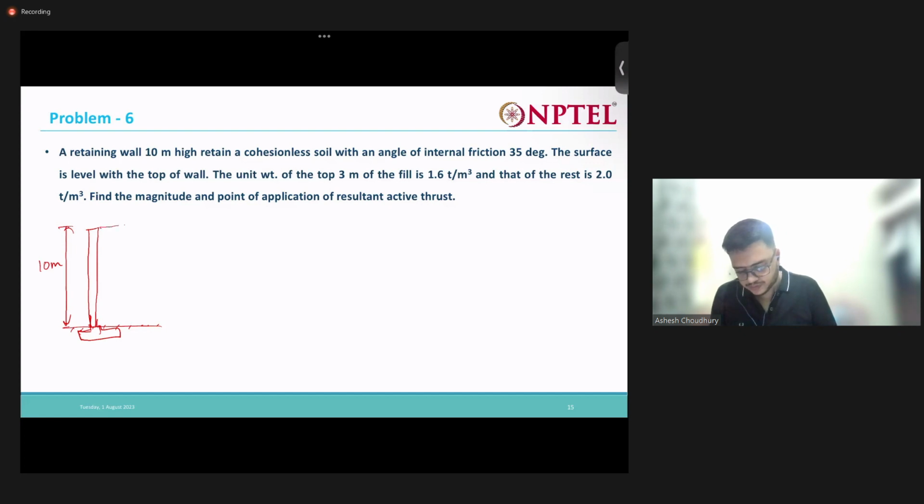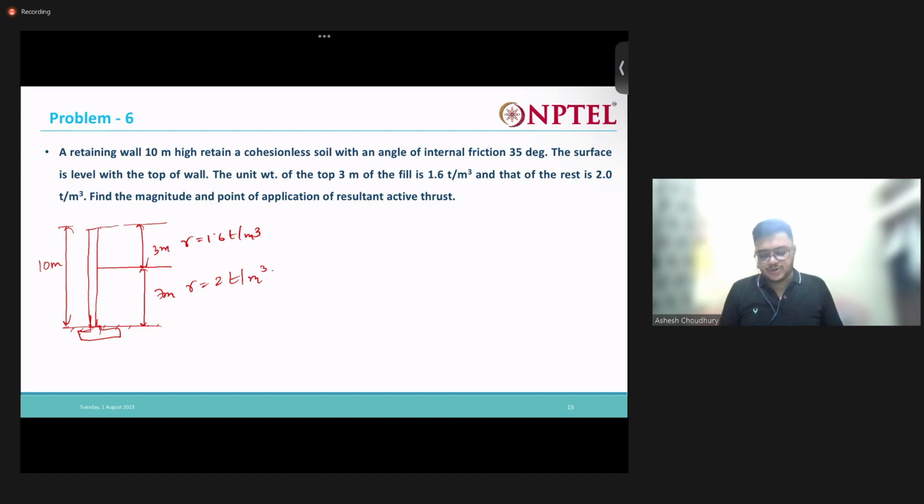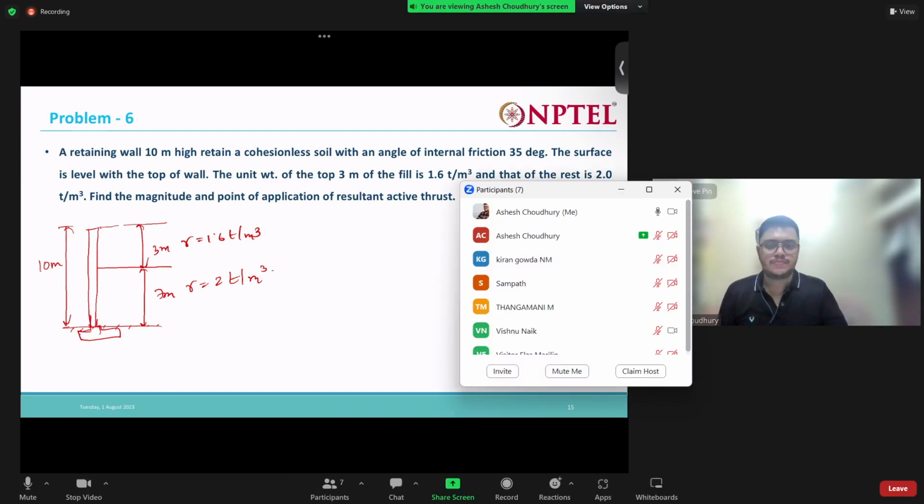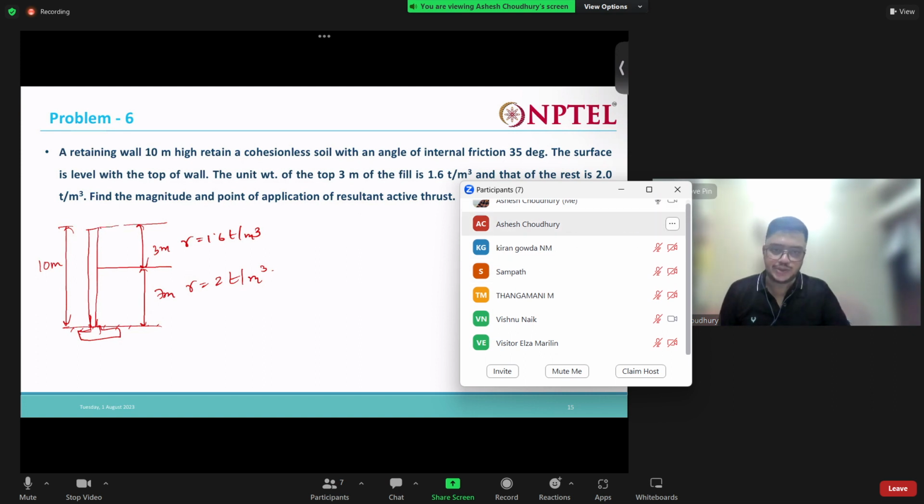The top 3 meters, this gamma is 1.6 ton per meter cube, and the bottom 7 meters is 2 ton per meter cube. So what we need to do is find the magnitude and point of application of the resultant active thrust. That means we need to find the point where the resultant active thrust is going to act.